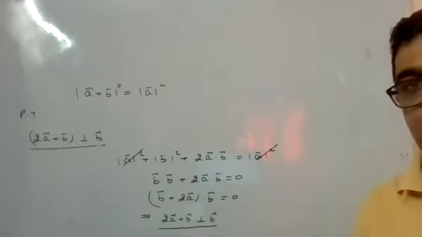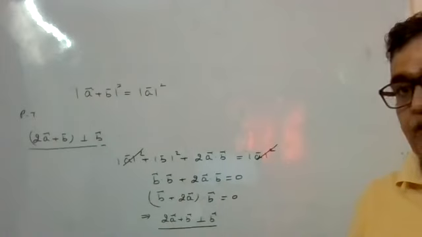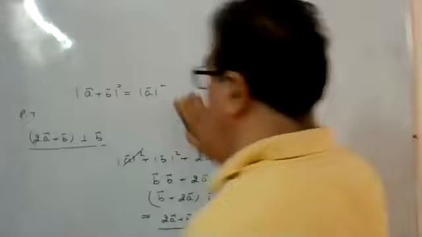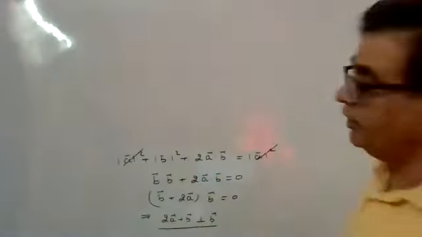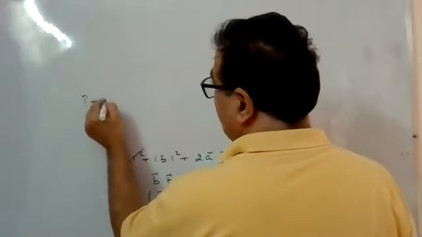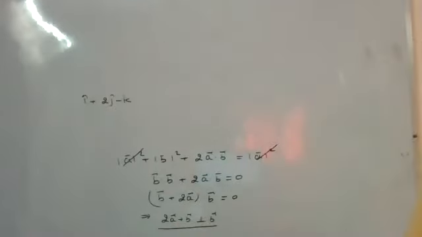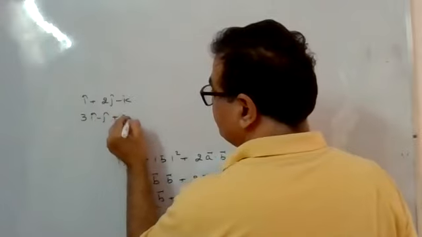Now write down next question, please. Find the components of a unit vector which is perpendicular to vectors i plus 2j minus k and 3i minus j plus twice of k.